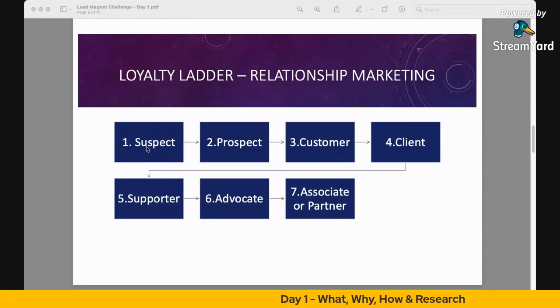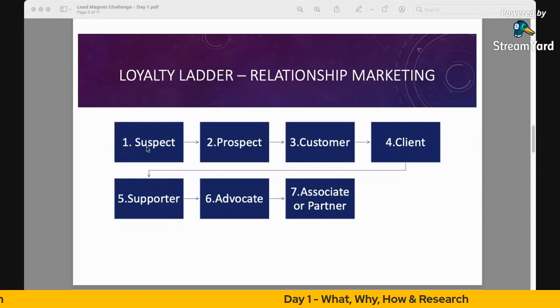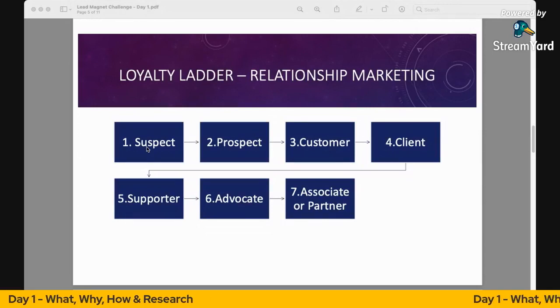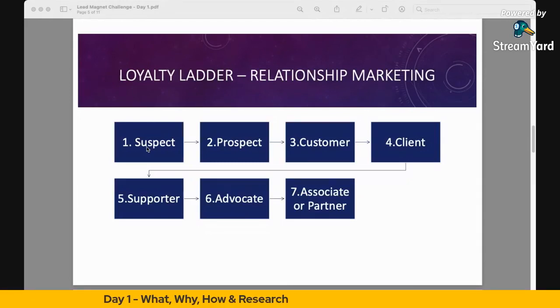They somehow landed there, or somehow found your page, or found your live doing your product demo, and they're thinking, is this the real person I'm seeing? Because there are so many fakes out there, right? And then when you have convinced them partially, you can't convince them fully, partially, they become a prospect.